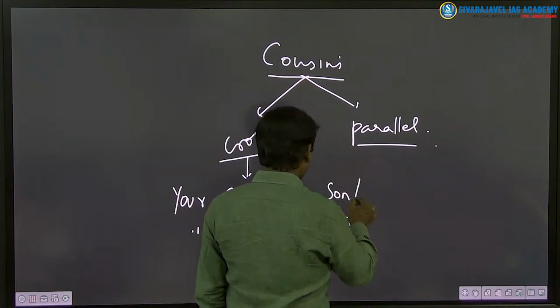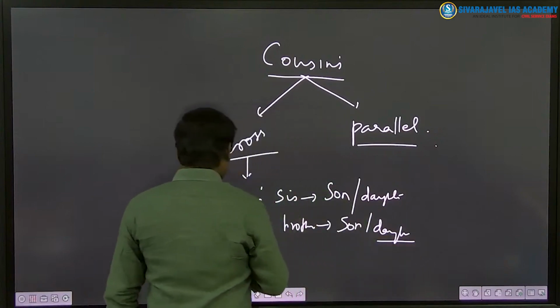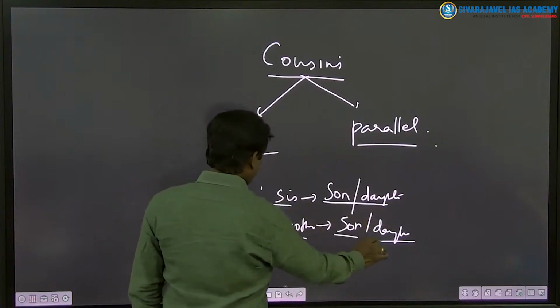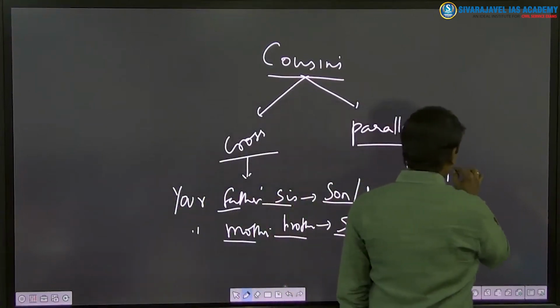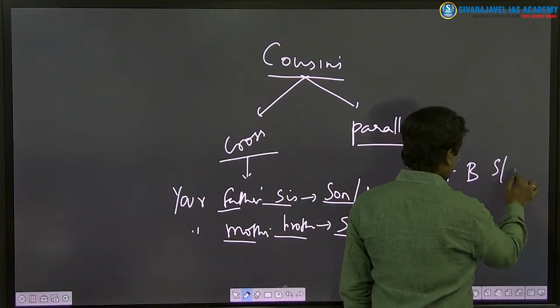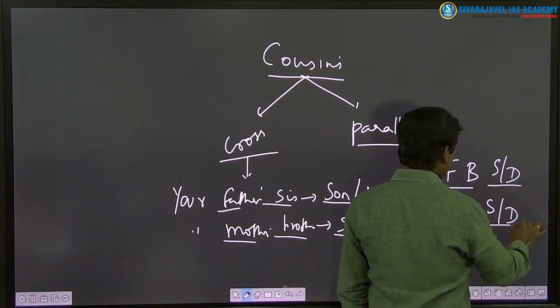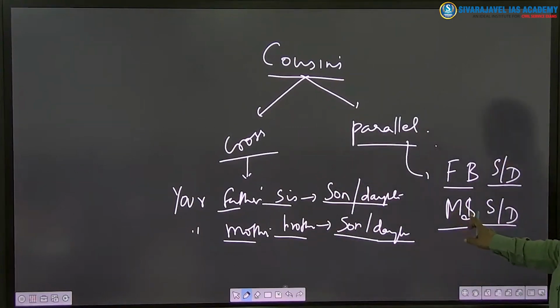If you are a girl, son or daughter. So your father's sister's son, your mother's brother's son, they are called cross cousins. Parallel cousins are your father's brother's son or daughter, your mother's sister's son or daughter. They are called parallel cousins.